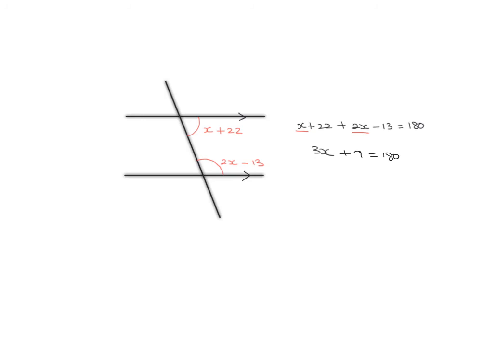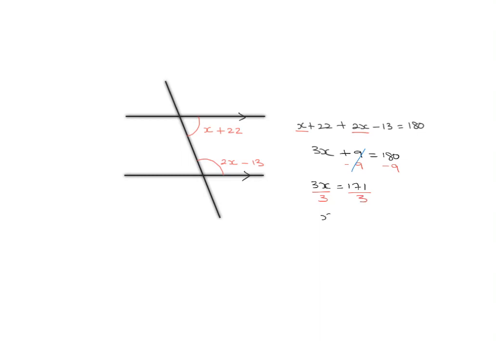Now we need to do our inverse operation. The first thing I need to do is take away 9 from both sides. This means that this is cancelled, and so 3x is equal to 171. Once I have my 171, the last thing I need to do is divide both sides by 3.